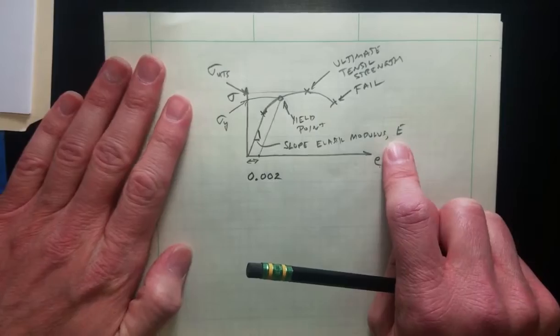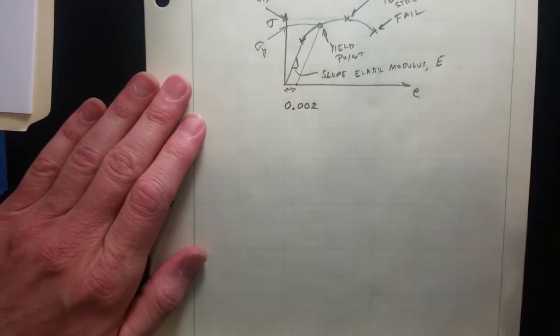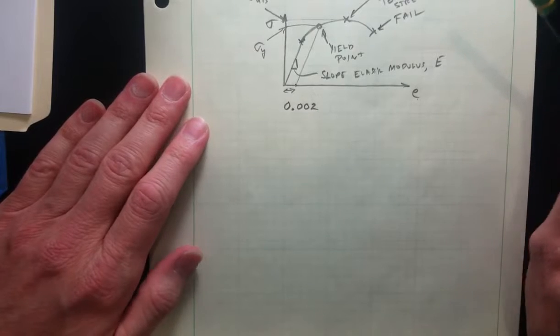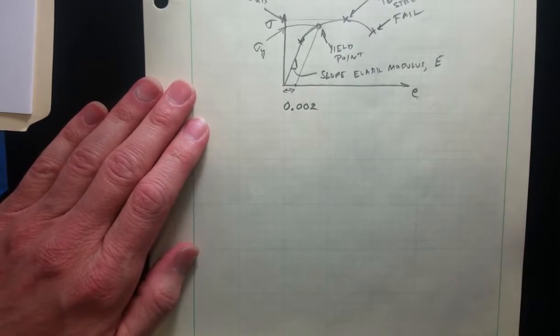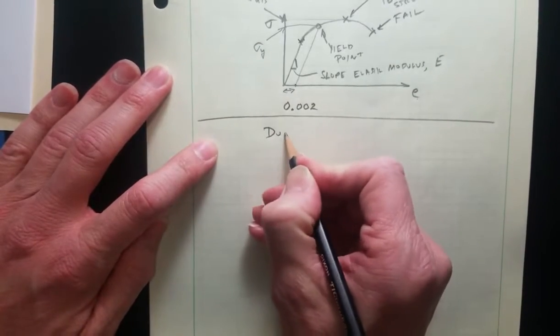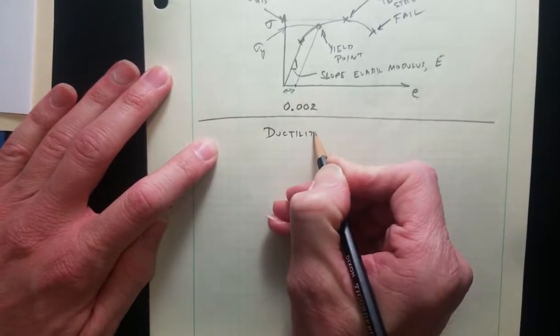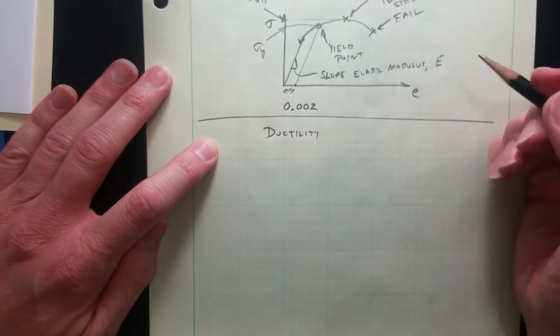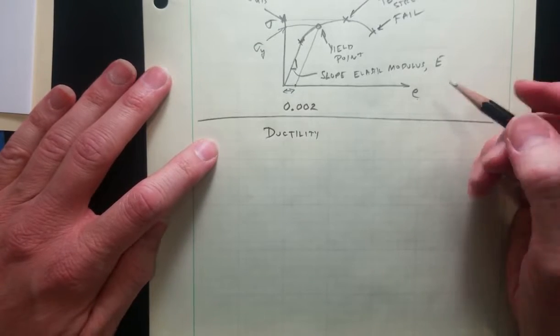But we can also talk about a material's resistance to deformation. One thing we can get is ductility. And we're characterizing this as the amount of plastic flow at failure.